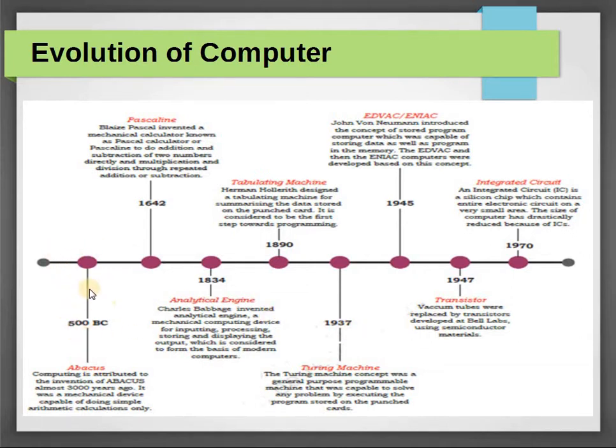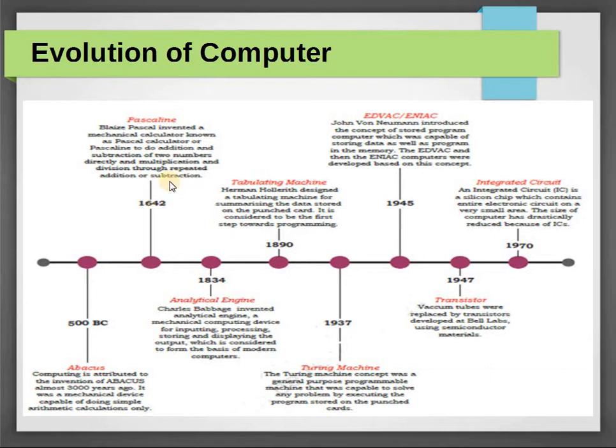We can start this development from 500 BC. In 500 BC, the abacus was invented. So what was the abacus? It was a mechanical device that is capable of doing simple arithmetic calculations only.